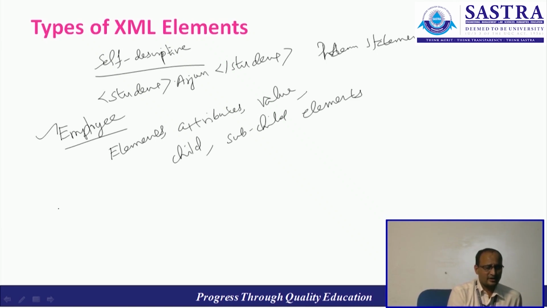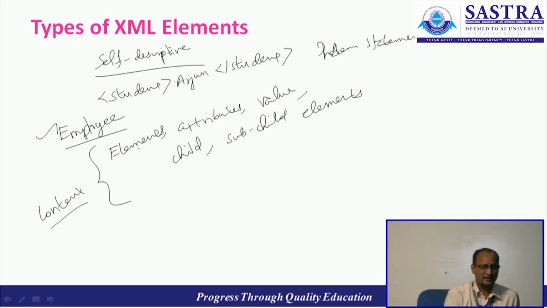If we create any XML document for any information, the element should tell about the content. So totally all these are called content. These are the components of an XML document: elements.